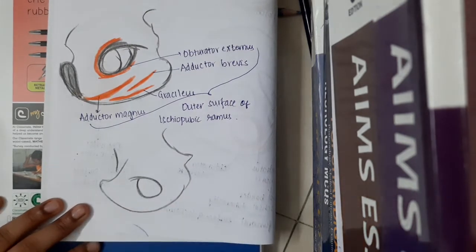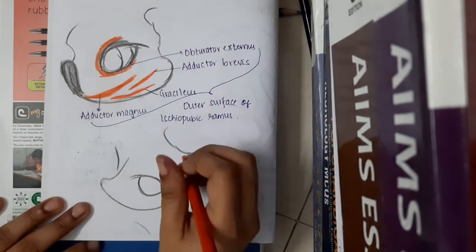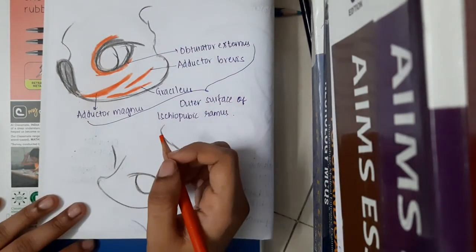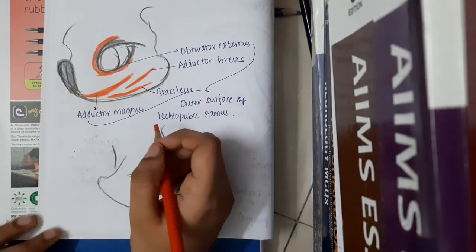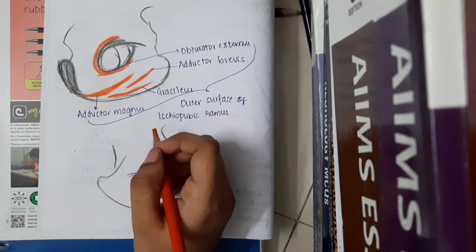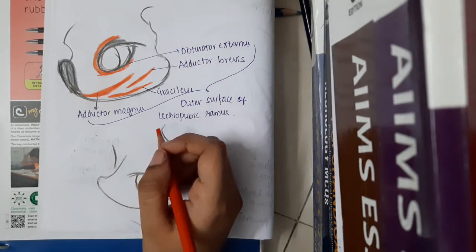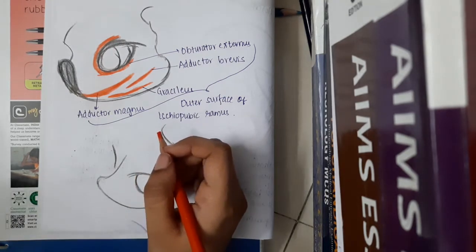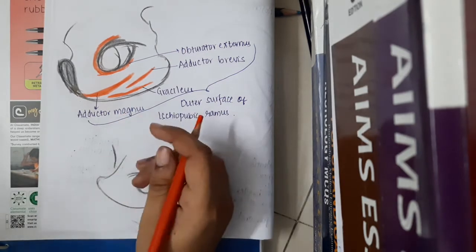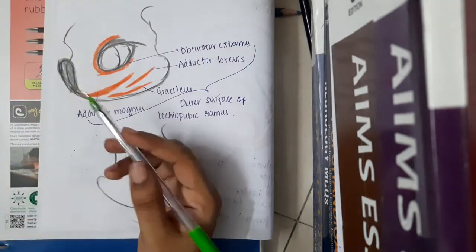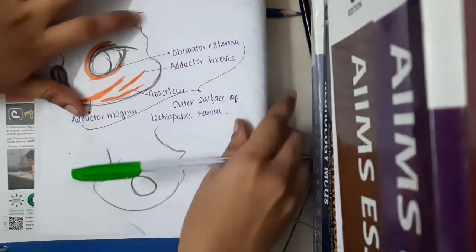I'm not going into the depth of this inner surface. Mainly in the inner surface, you will have the obturator internus muscle. I can't depict everything in this diagram, so I'm just writing it.